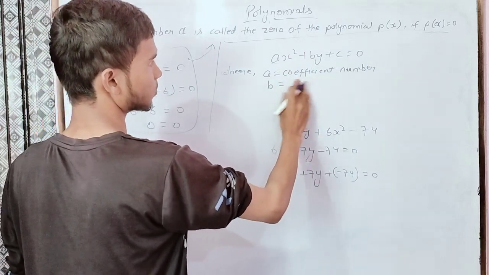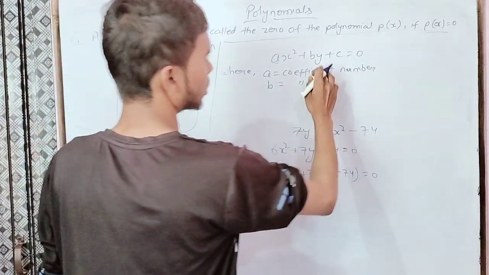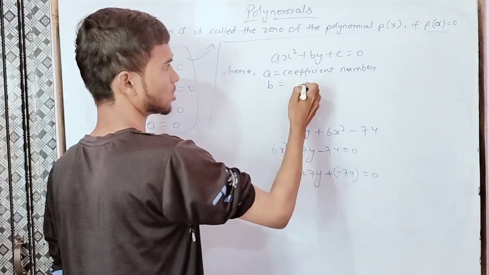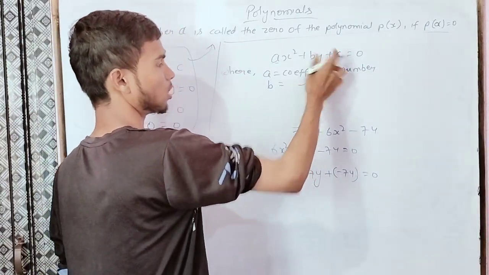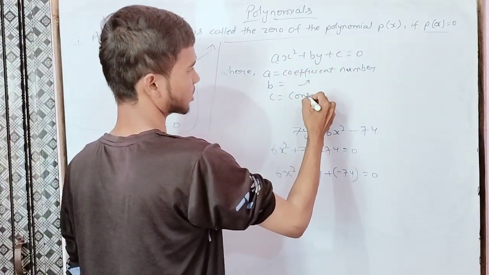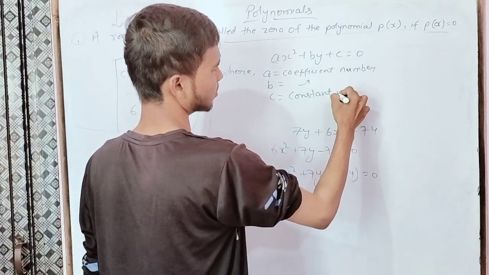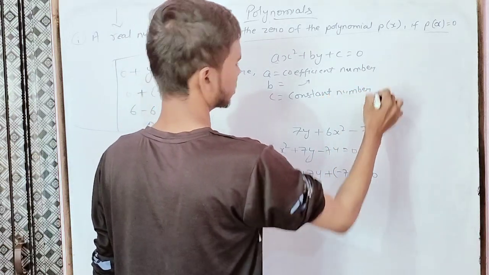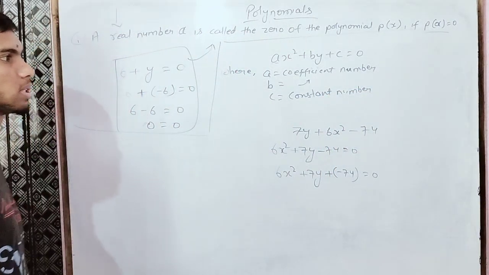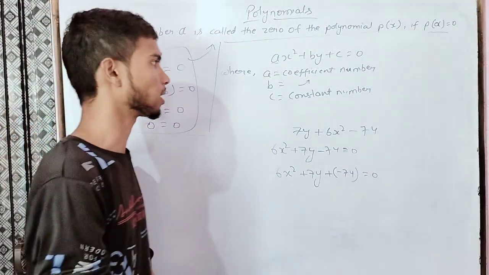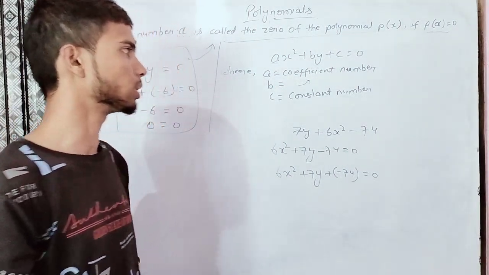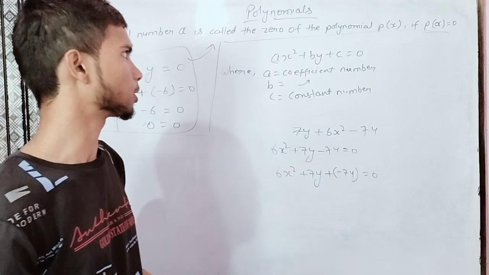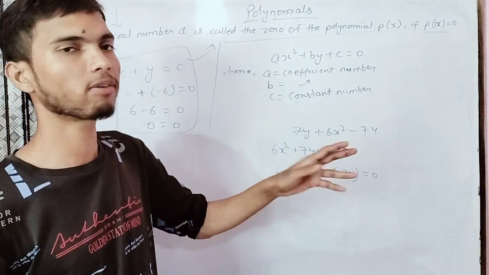c is a constant number, which means a fixed number. x is a variable, y is a variable.